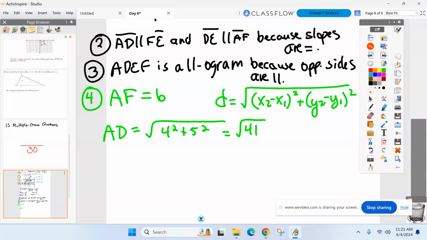Square root of 41. You got 4 and negative 4 in one of the parentheses and 5 and negative 5 in the other.